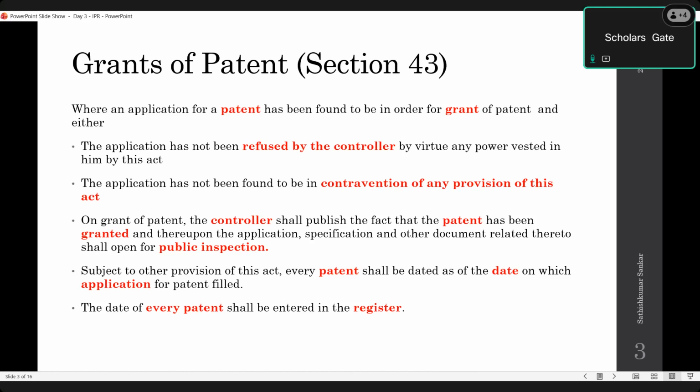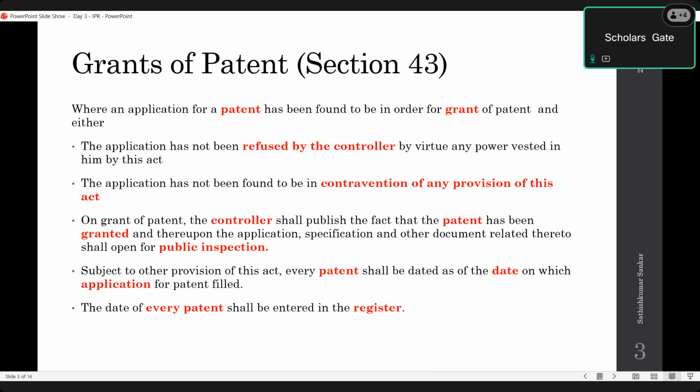The application has not been refused by the controller by virtue of any power vested in him by this Act. So on the applicant's side, we should submit all the documents and whatever is required by the controller. Then the controller has no right to refuse to accept our documents or refuse to grant the patent.